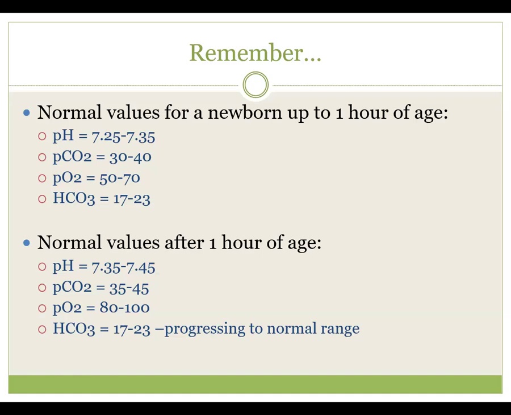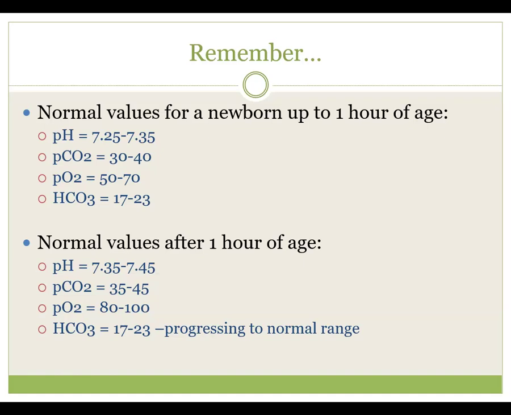After 1 hour of age, we are progressing towards normal adult values. pH is 7.35 to 7.45. Sound familiar? PCO2 35 to 45. Again, what we're used to. PO2 of 80 to 100. That's normal. And then the bicarb remains a little bit low because remember, bicarb is part of the renal system.